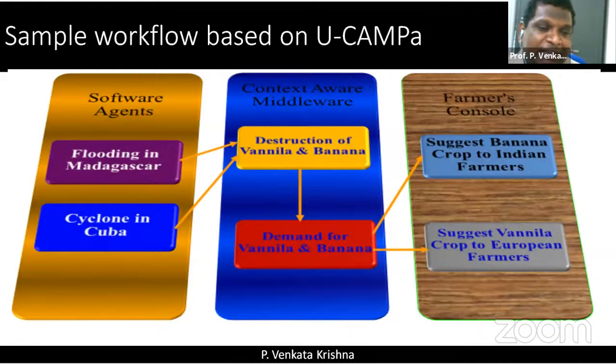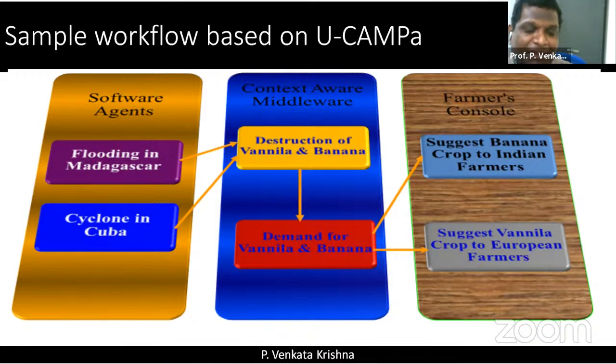In real time, it gets the message about the destruction of vanilla and banana. But the middleware doesn't stop there, because that is the precision model we are trying to explain. It understands that because of this destruction, there is a demand for vanilla and banana farming.